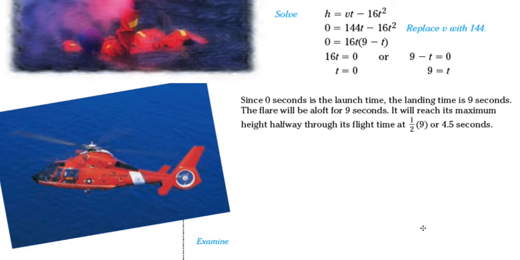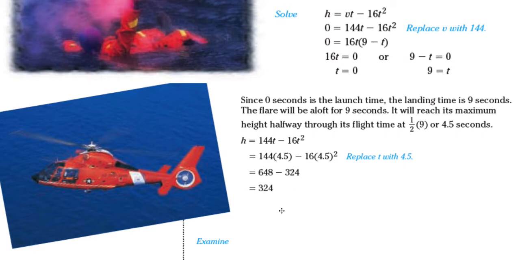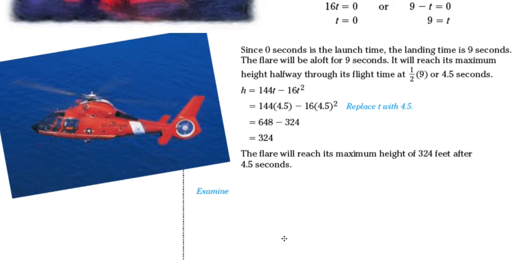Using that information, h equals 144t minus 16t squared, and substituting time with 4.5, we have 648 minus 324, and the height is 324. So the flare will reach its maximum height of 324 feet after 4.5 seconds.